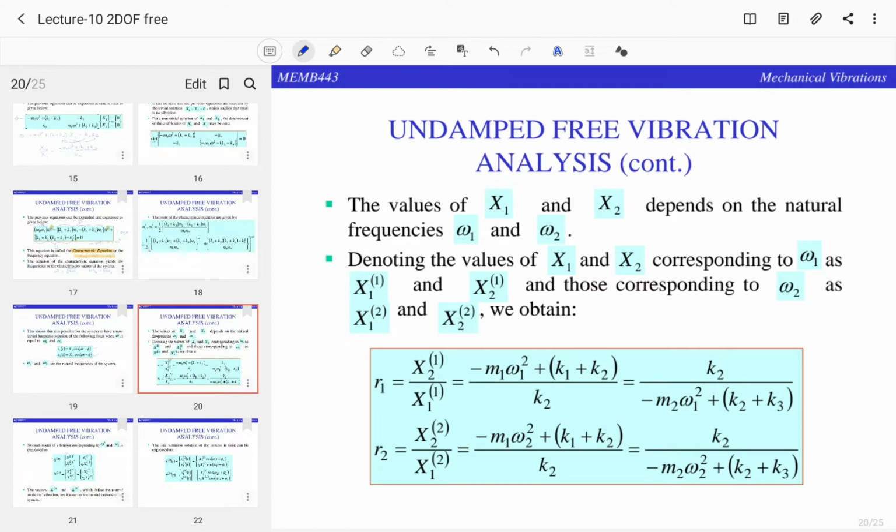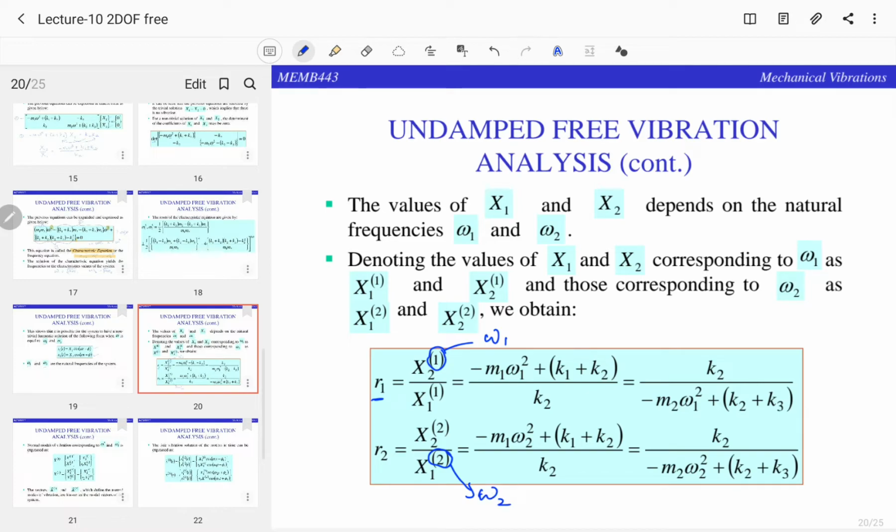One way is to write it in terms of this ratio. R1 is the ratio of capital X2 and capital X1. The superscript denotes which natural frequency it corresponds to, here the first natural frequency.